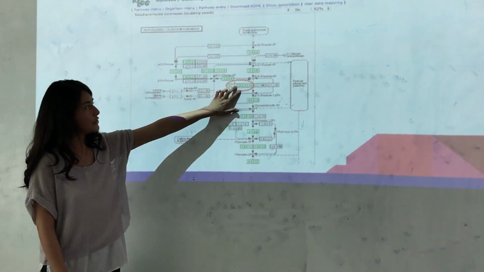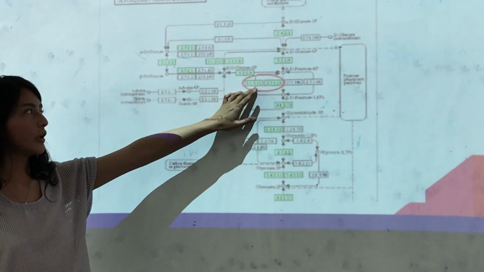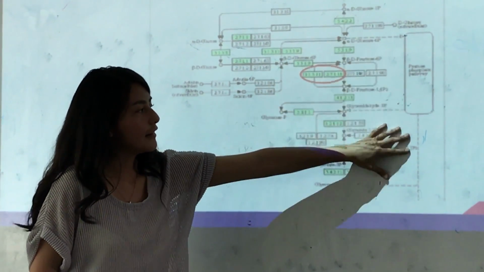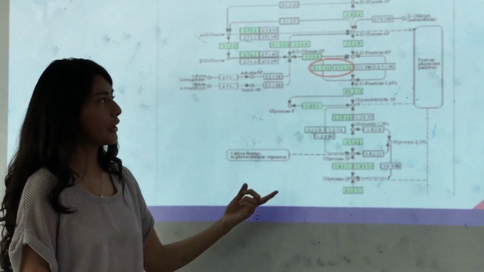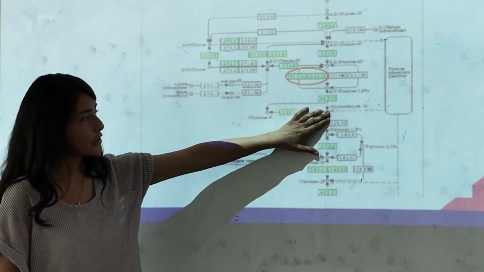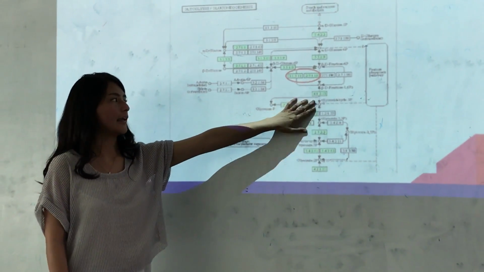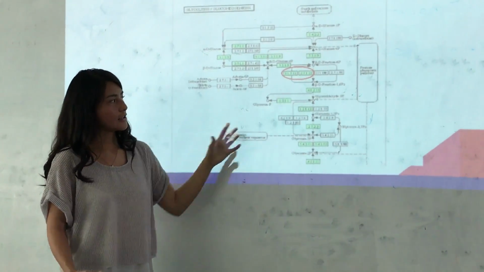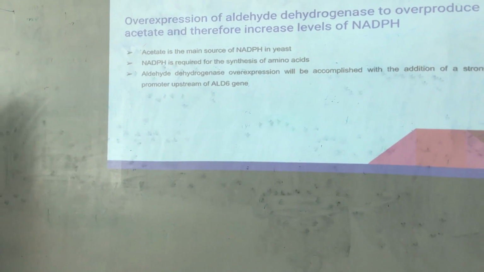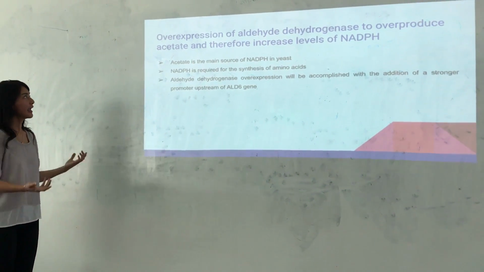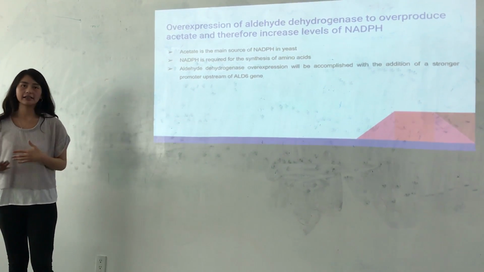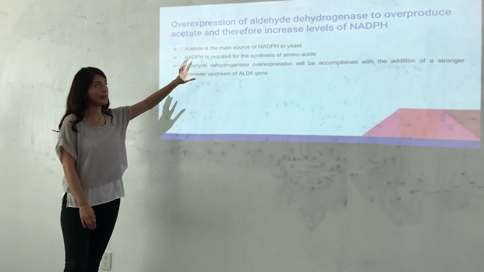Here are the two enzymes that we will knock out, and these will not disturb the rest of the pathway. We're also going to overexpress the pentose phosphate pathway in order to increase the production of glyceraldehyde, and this will be the source for the next pathways. Another strategy that we are proposing is the overexpression of aldehyde dehydrogenase, which is an important producer of NADPH in yeast.